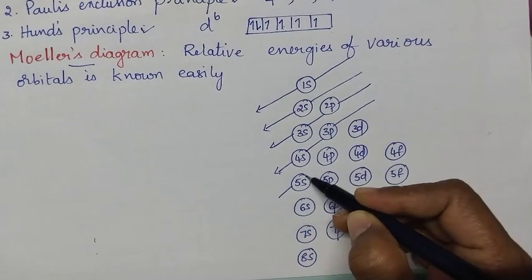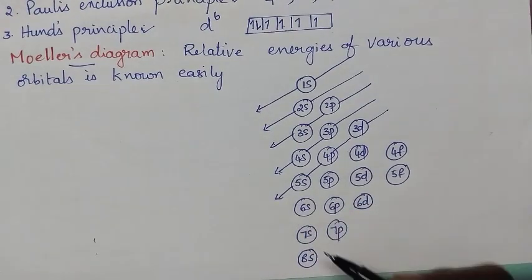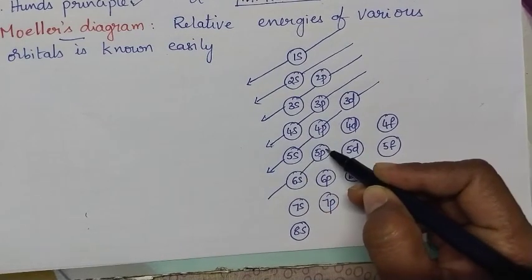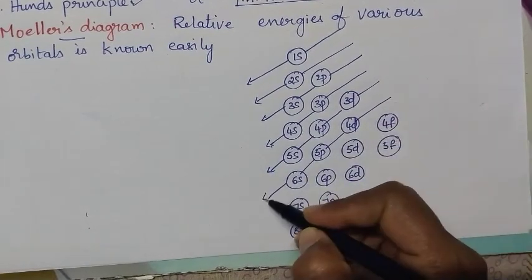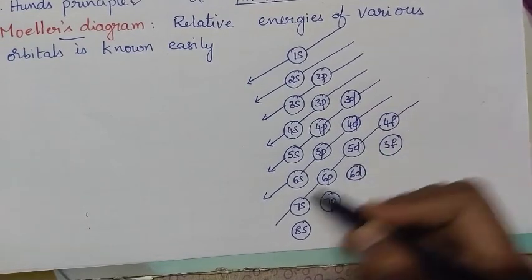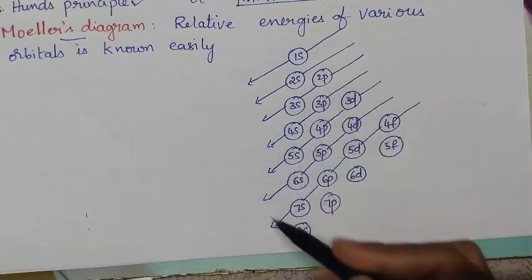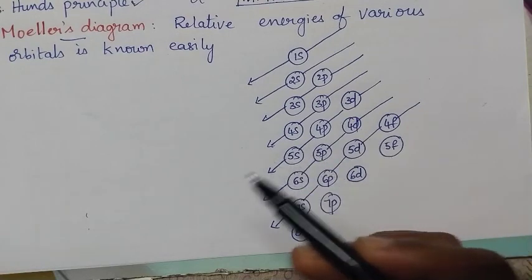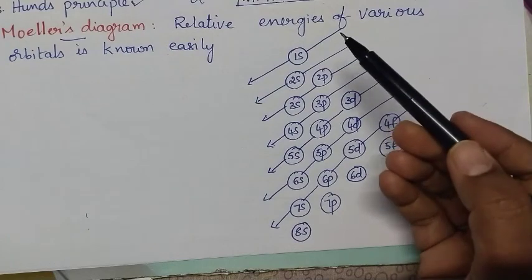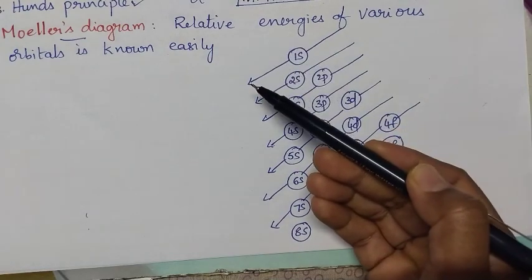This Moeller diagram is highly useful to know the relative energies of various orbitals. From this diagram it is very clear, we can predict the relative energies of various orbitals, and always we have to start from top to bottom and also from the right hand side to the left hand side.